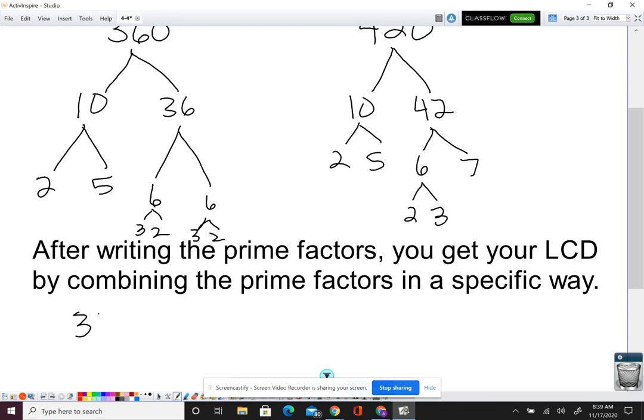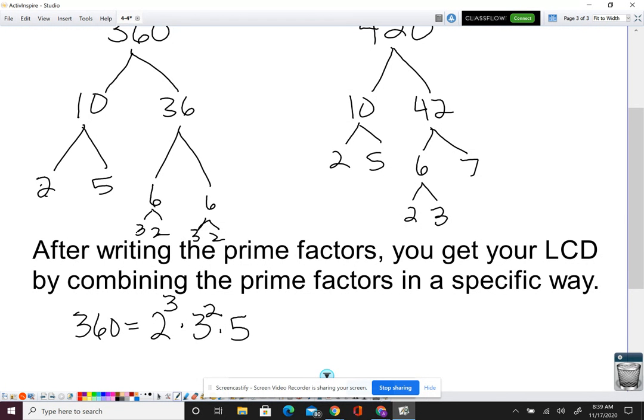So 360 is the same thing as 2 times 2 times 2. There are 3 2's there, so we're going to write it down as 2 to the third. We have 2 3's, so that's going to be 3 to the second, and we have a 5.